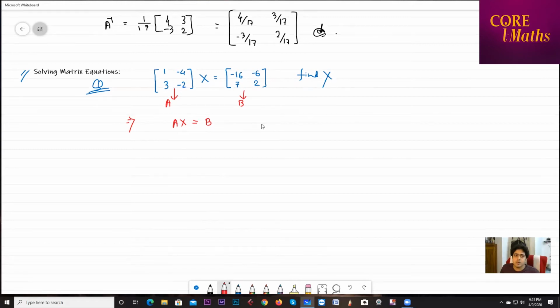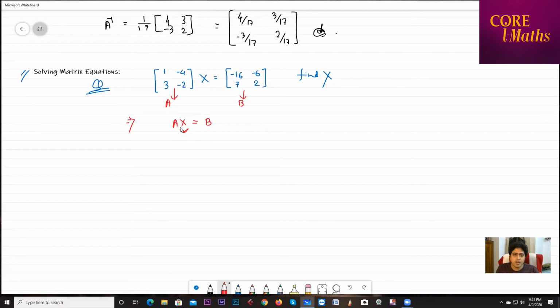Just now I have discussed what pre-multiplication is. As you have to find the value of X, you need the cancellation of A here. So pre-multiplication of A inverse is our requirement. Whenever any matrix equation is given, first you have to write it in the matrix equation form.